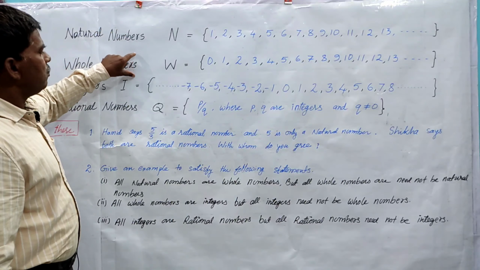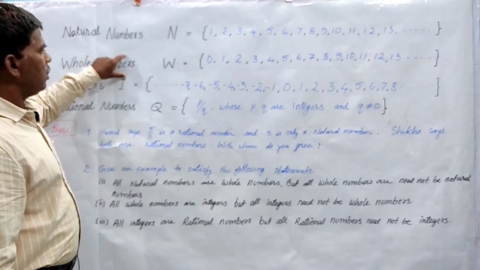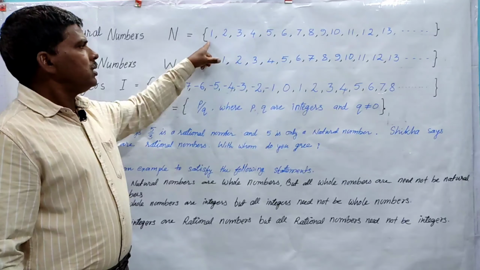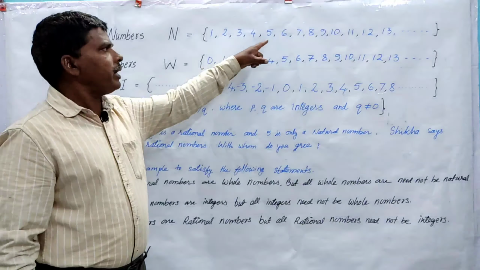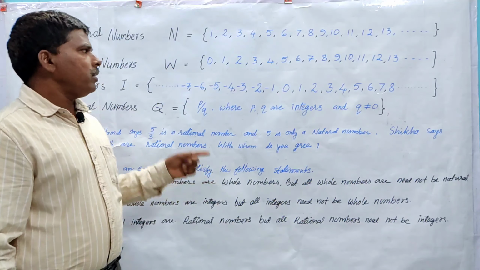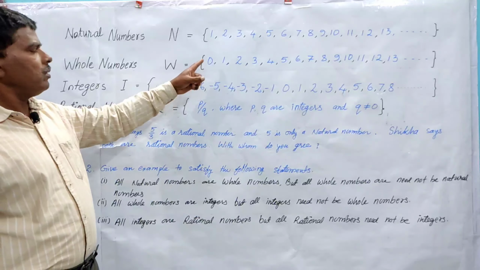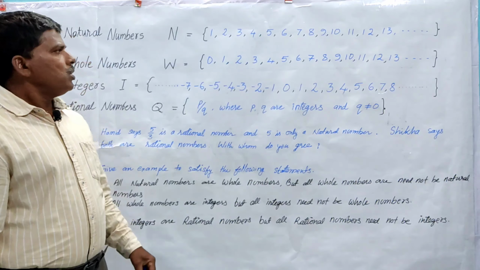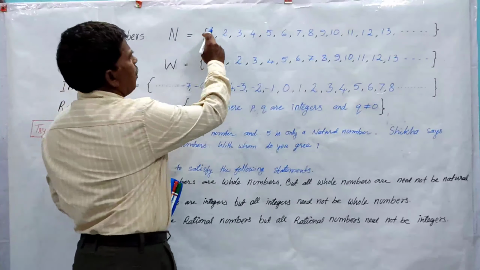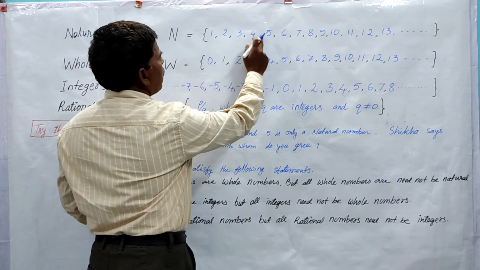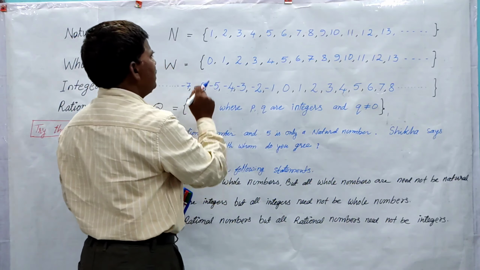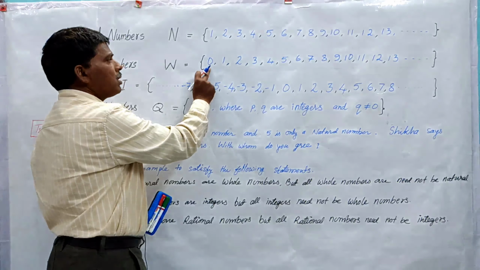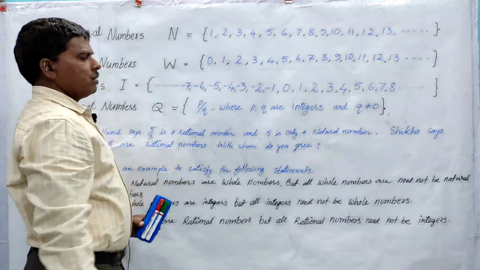Natural numbers start from 1, 2, 3, 4, 5, 6, 7 like that, and whole numbers start from 0, 1, 2, 3, 4, 5 like that. So all the numbers which are in natural numbers are also present in the whole number set. Only 0 is the number which is a whole number but not a natural number.